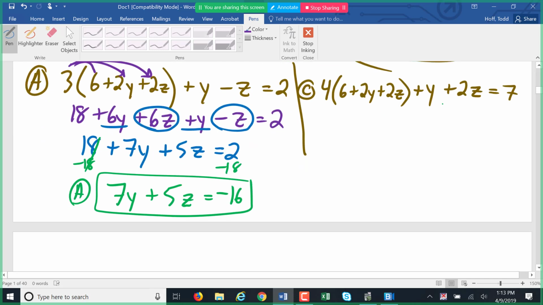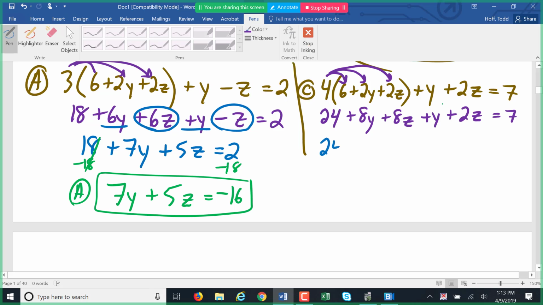Now we'll distribute the 4. 4 times 6 is 24. 4 times 2y is 8y. 4 times 2z is 8z. And we have the plus y and the plus 2z equals 7.